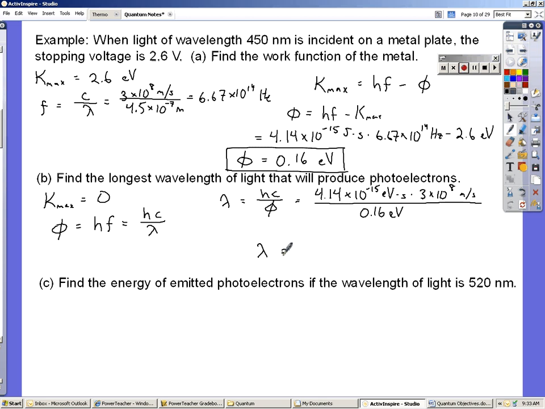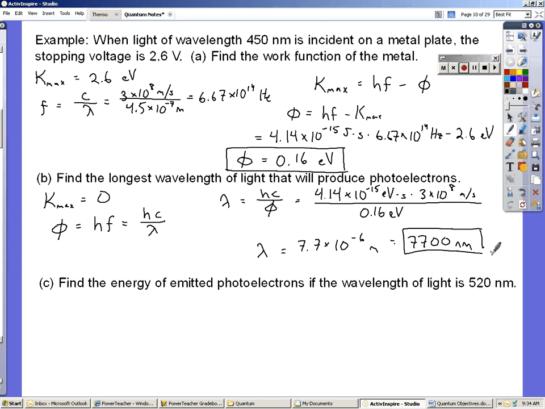And this maximum wavelength is 7.7 times 10 to the negative 6 meters, or 7,700 nanometers, which is the more usual way of expressing it. That's a pretty long wavelength, because that's a very, very small work function.